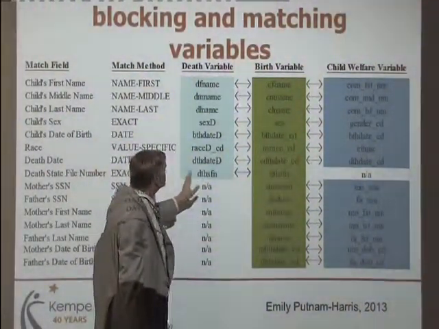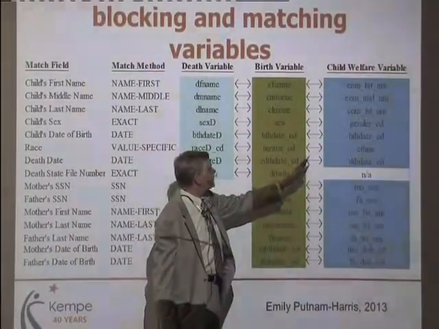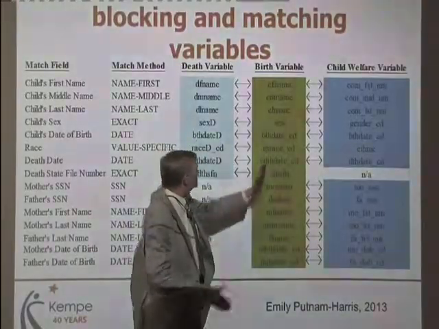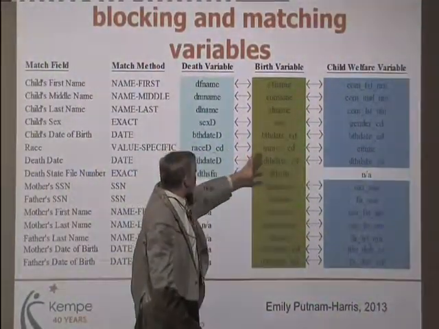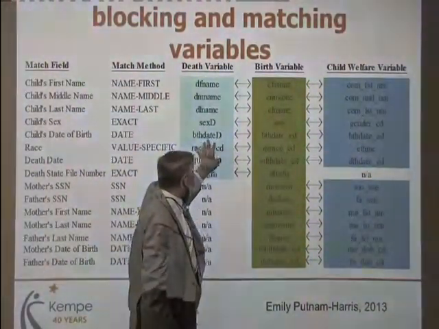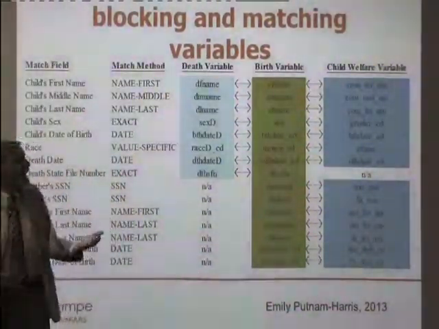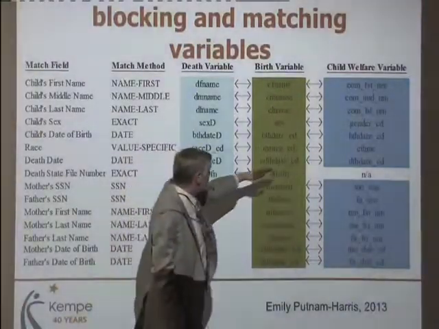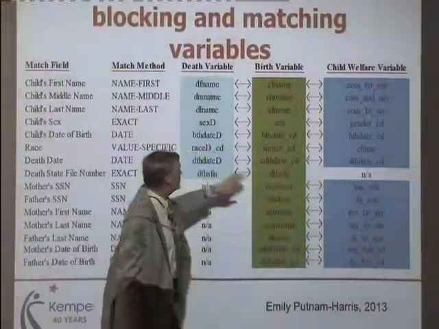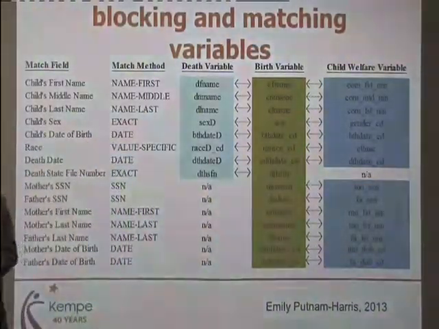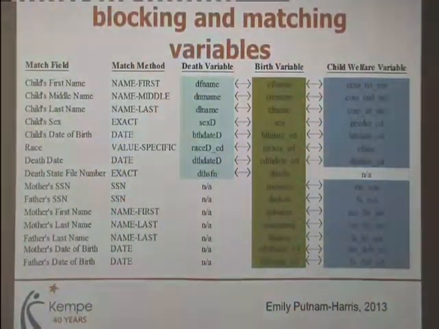So in some cases, we can use a strategy where we match this file to this file, and then once we've got those matches, we can match that set of data to this file, because we have a much better match when we have a lot more information to use than when we just have a limited amount of information.